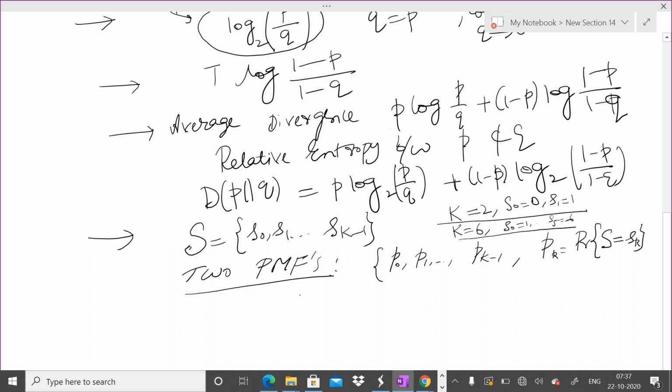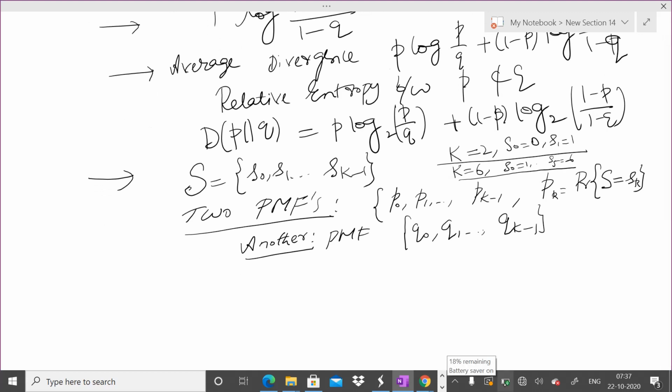Now there is another probability distribution, another PMF, that will be, suppose, Q0, Q1, up to Qk minus 1. Suppose P0, P1 up to Pk minus 1 is the true distribution, and Q0, Q1 up to Qk minus 1 is the guess.